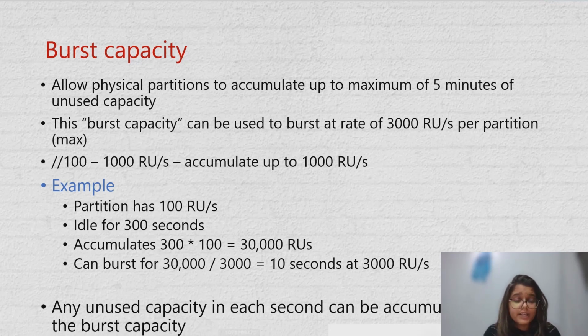So we have 300 into 100, that is 30,000 RUs accumulated, but we can at max consume 3000 RUs per second. So we will have 3000 RUs for the next 10 seconds, which will help us address the burst in the requests.